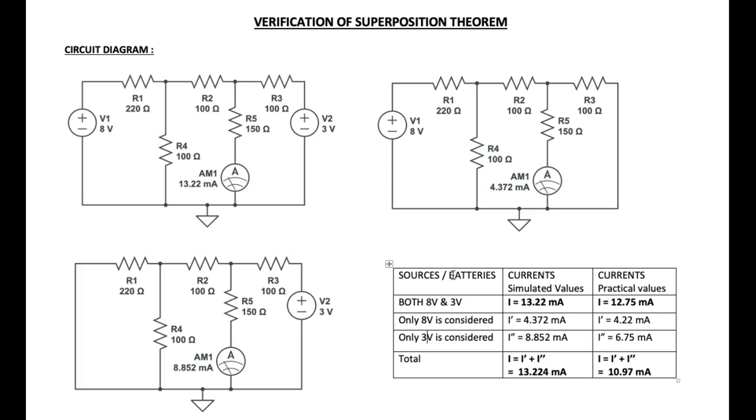Here, the source batteries, current, simulated values, and the practical values are tabulated, and both batteries are considered. The current value is 13.22 milliamps. Practically, we got 12.75 milliamps, almost equal. And only one source is considered: say 8 volt alone. We named it I dash.